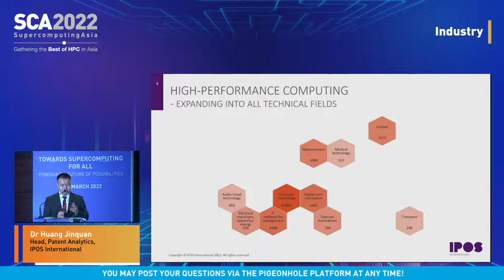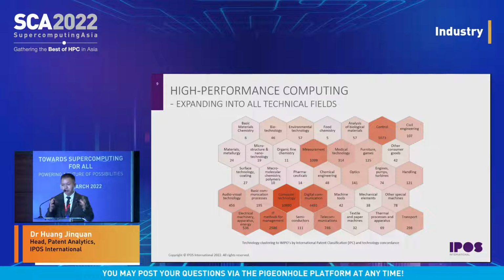We also see increasingly high performance computing used in car infotainment systems, for example, by lead players such as Robert Bosch. In fact, when I look through the whole data, we are seeing that high performance computing is already applied across virtually all industries and all technology sectors.